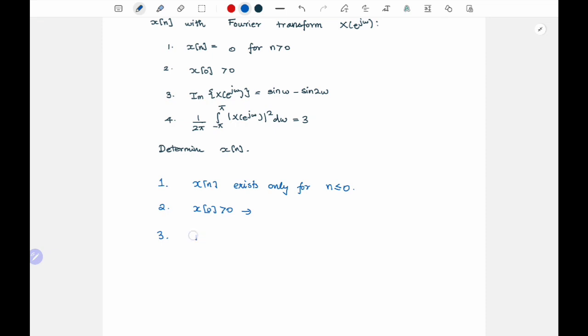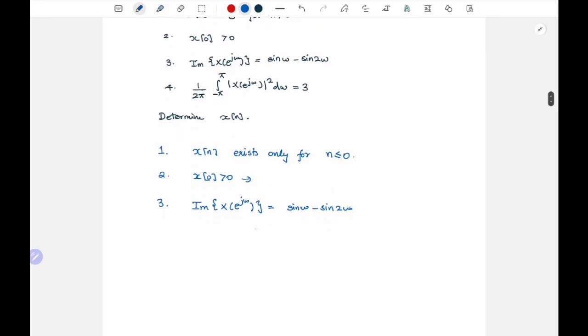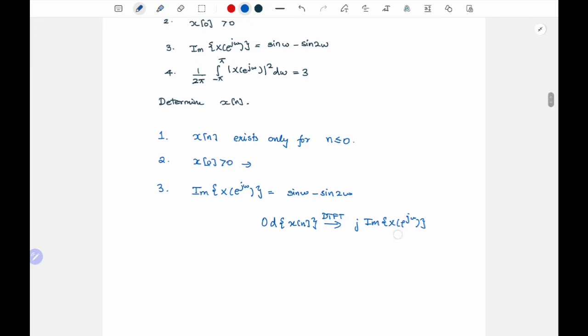And third one, you have the imaginary part of x of e power j omega equal to sine omega minus sine 2 omega. So if you remember our property, the odd part of x of n translates to the DTFT j imaginary of x of e power j omega. This is for a real signal having the odd counterpart. Why is that so?